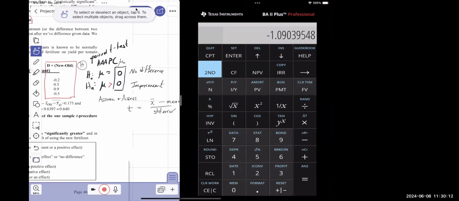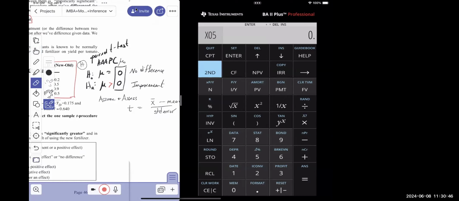As I showed you, you put your calculator into stat mode, clear the information, entering in 0.2 negative, enter down. You skip through the y's, right? You just enter the x variable. 0.5, enter, and down, down. 0.9, enter, down, down. And 0.5 negative, enter, down, down.